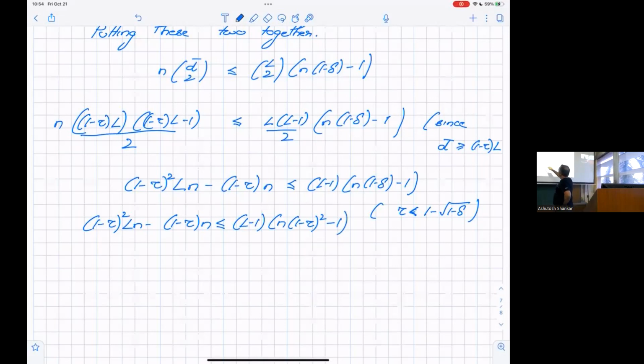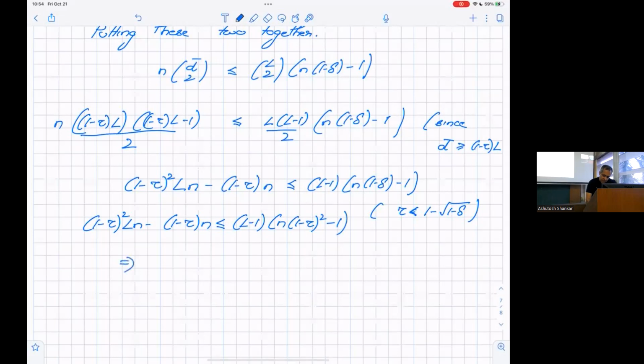So the 1 minus tau square ln will just cancel out on both sides. There is a minus L. So let's bring all the L terms to this side. This L term has gone off, this L term has gone off. The only L term that's remaining is a minus L, so I'll bring it to that side.